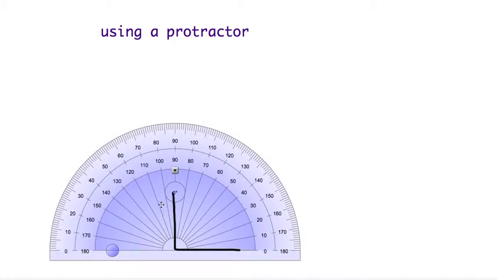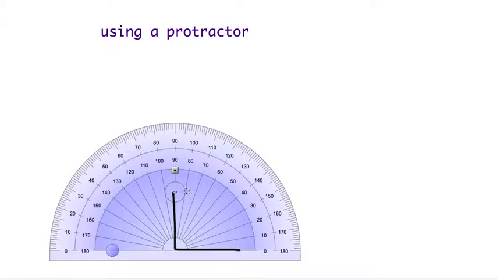The vertex is where both rays of our angle meet, so right here in this section, that needs to go right in the middle, and sometimes there's a little circle or dot right there. You can see I have the bottom or the base of my angle along this horizontal line of the protractor. So it's setting on 0. The direction of my angle is facing the right.